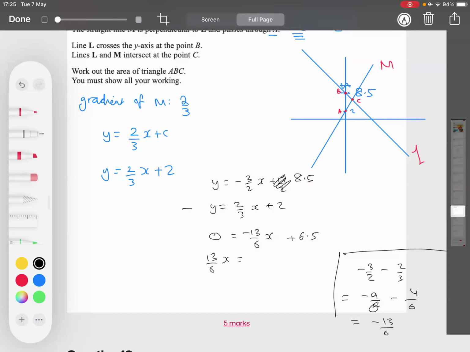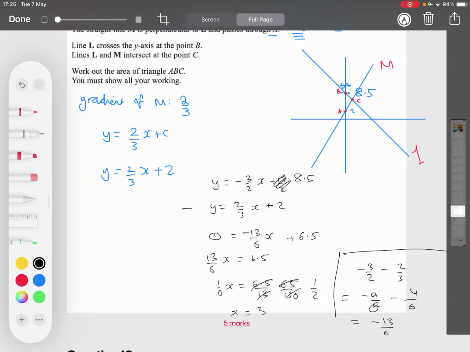Then we do 1 over 6 x equals 6.5 divided by 13. So a sixth x is basically 65 over 130, which is basically 1/2. So therefore x equals a half times 6, which is 3.